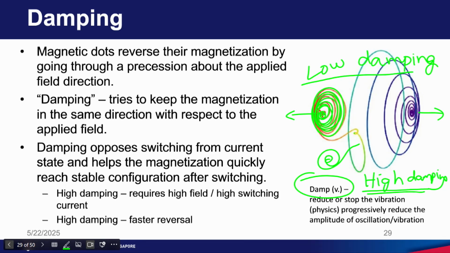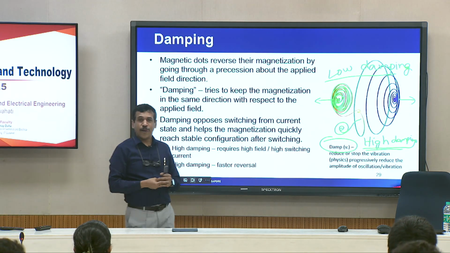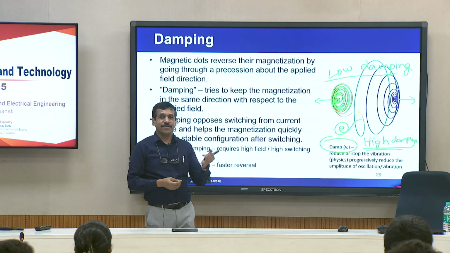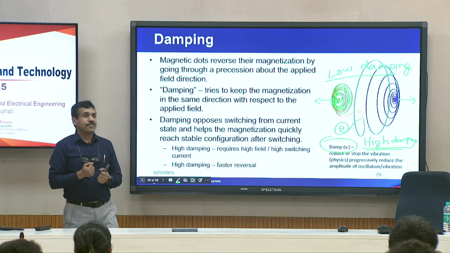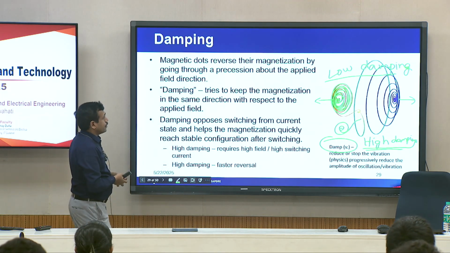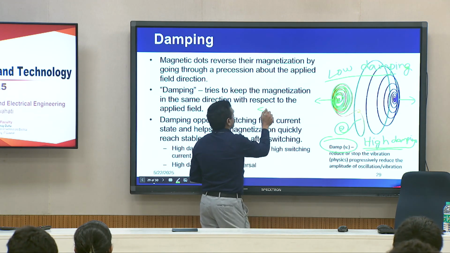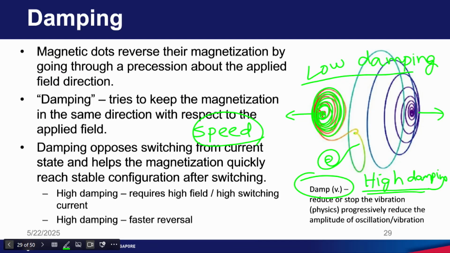Okay, so which is better, high damping or low damping? High damping, okay. Anyone says low damping? Okay, it depends on what you are looking at. If you are looking at the speed of operation, high damping is better.